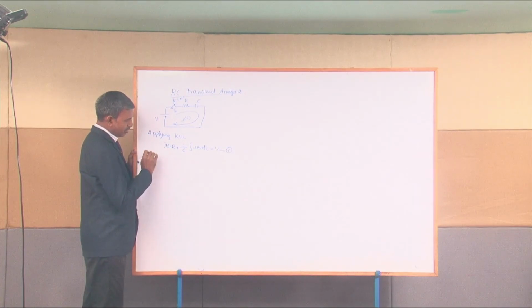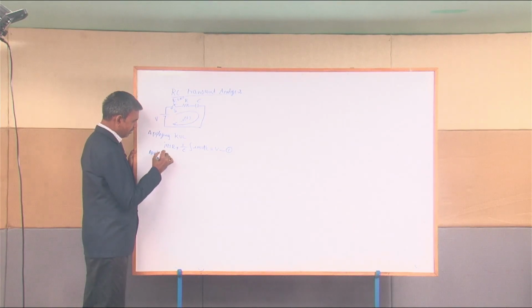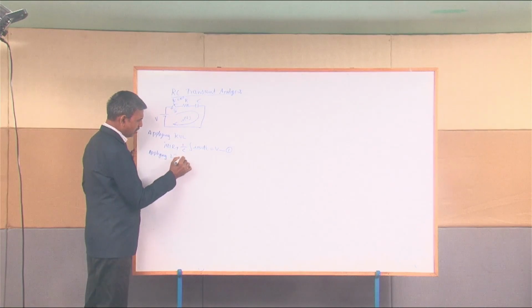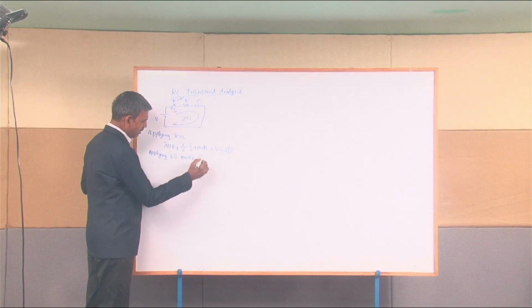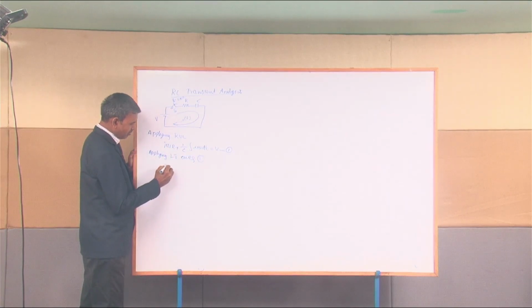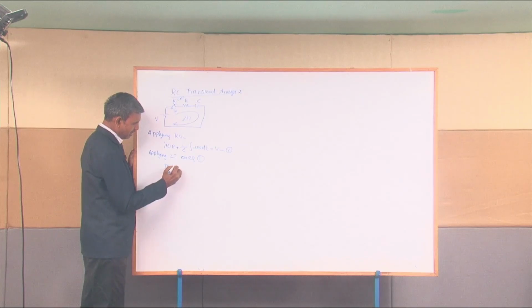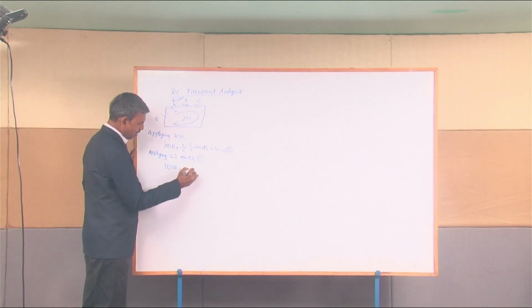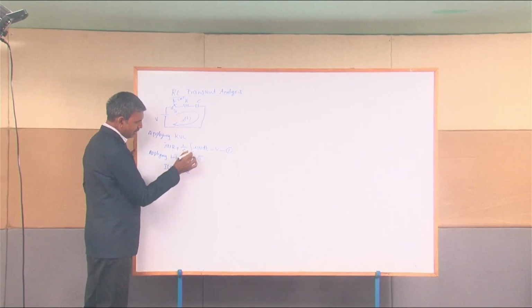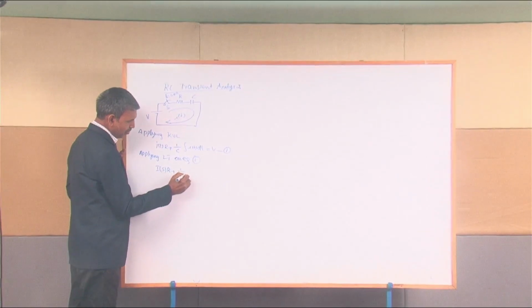Now, we apply the Laplace transform on equation number 1. We know I of t is converted into I of s into R plus 1 divided by C, and the integral will be converted into 1 by s.